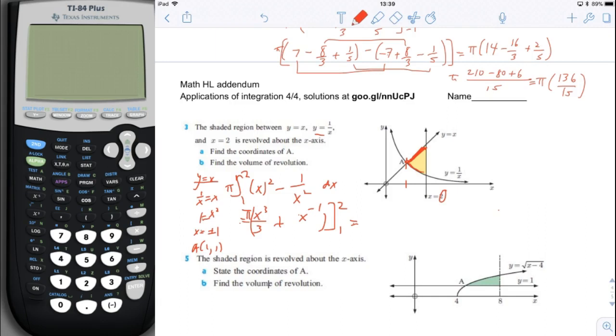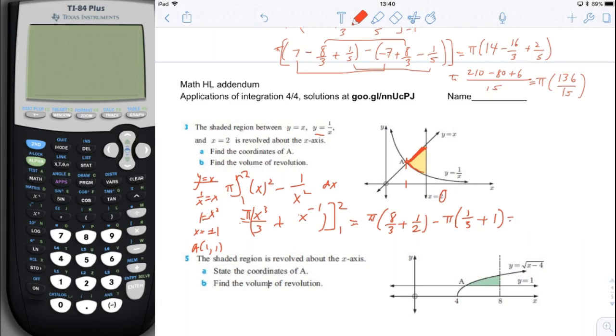All right, and so now I'm going to plug in 2 for the x, and I'll get pi times 2 cubed, which is 8 thirds, plus x to the negative 1 with 2 plugged in, which would be 1/2. And then I'm going to do the same thing with 1. So I'm going to put 1 in for x, so x cubed over 3 is 1/3, plus 1 over 1, which is 1.